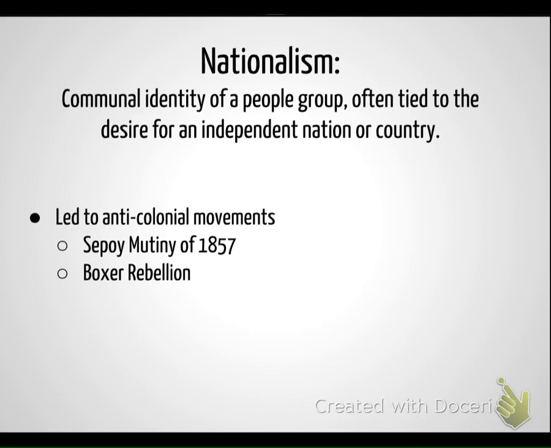Another key idea during this period is the idea of nationalism, which by definition is the communal identity of a people group, often tied to the idea of how they want a nation or an independent country for themselves.